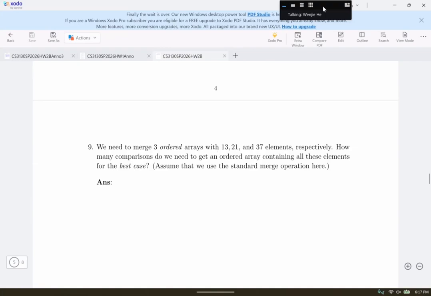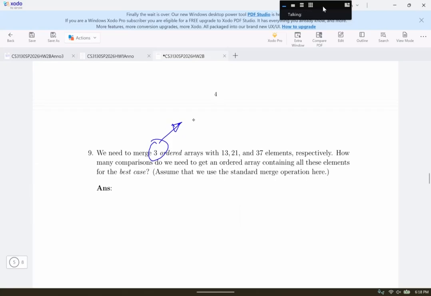But in our final, your 3 will be changed to 5, much larger. You need to merge 5 ordered arrays, one for the best case, another for the worst case.